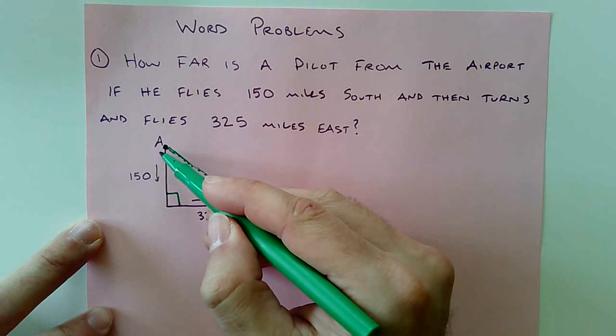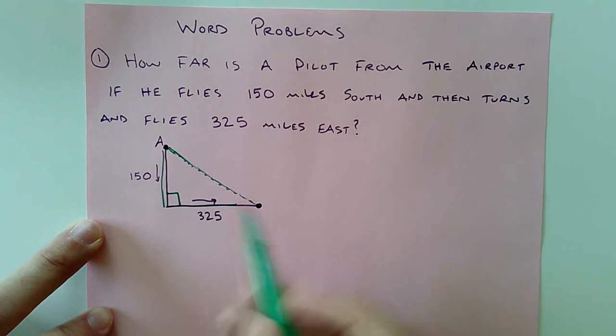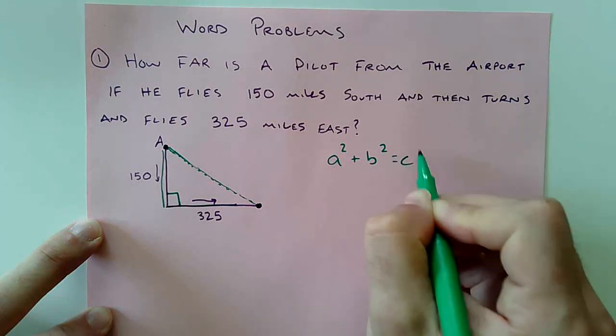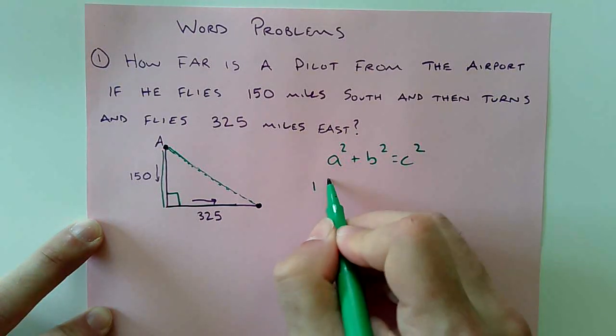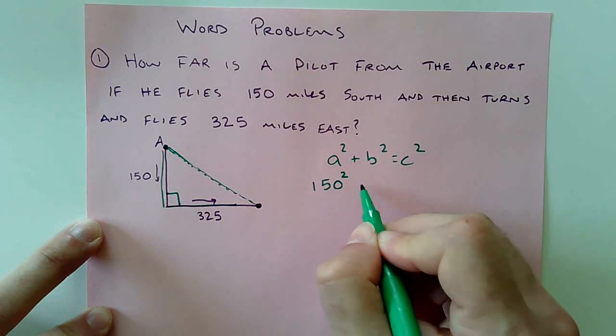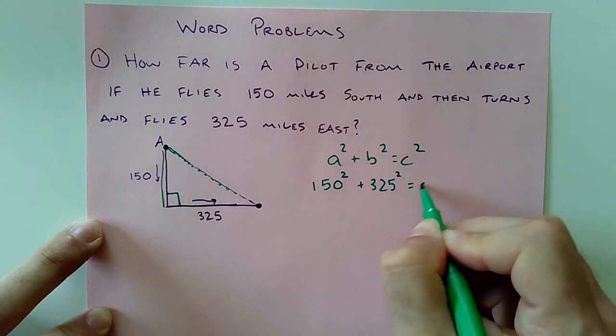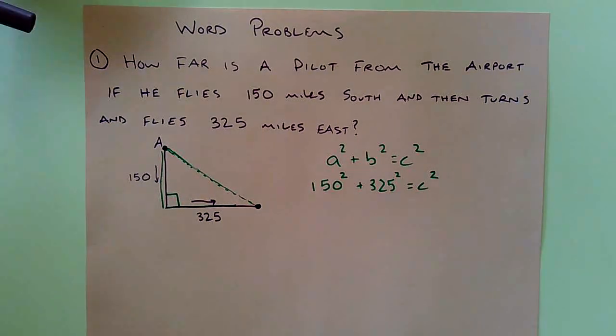So now we can use the Pythagorean theorem. I have two legs, leg, leg. So a squared plus b squared equals c squared. 150 squared plus 325 squared equals c squared. So I'm finding a hypotenuse.